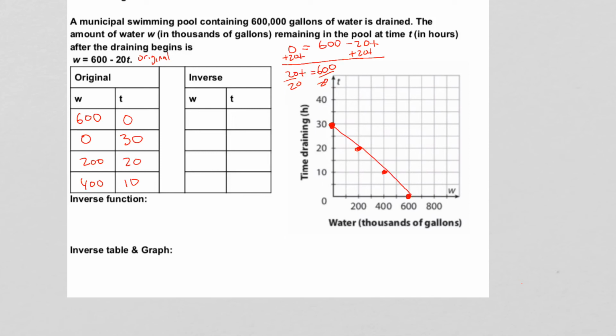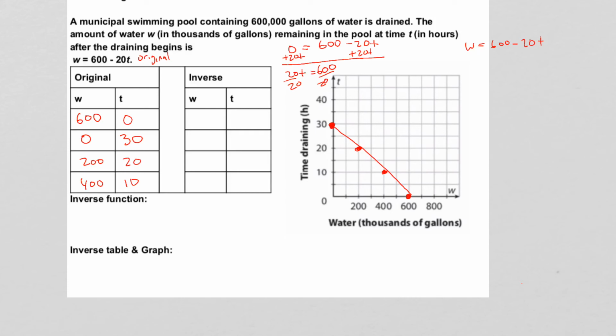So we haven't made our inverse yet. We've just got basically our original function. So now if we follow our steps to make the inverse, what are we going to do here? W equals 600 minus 20t.